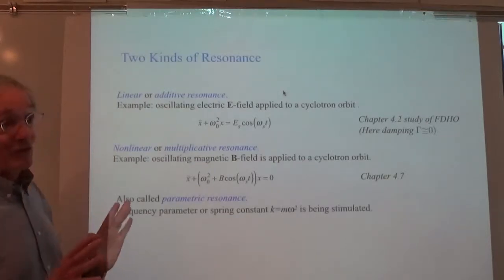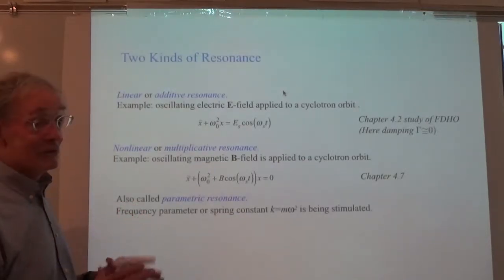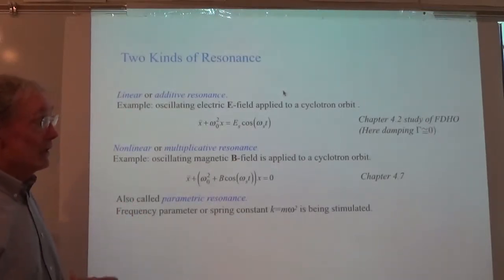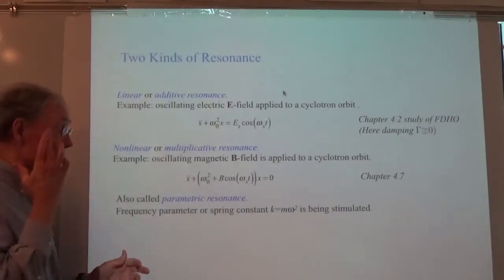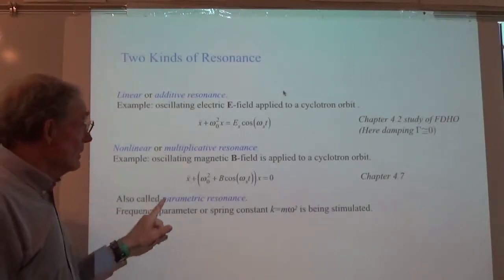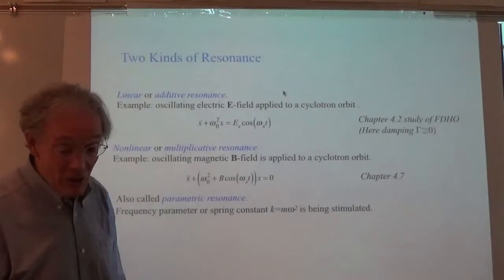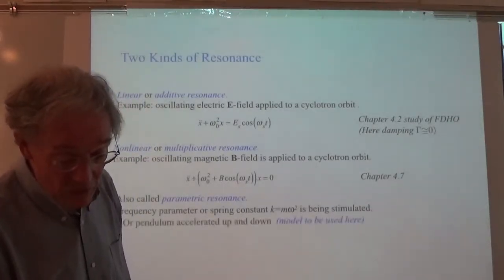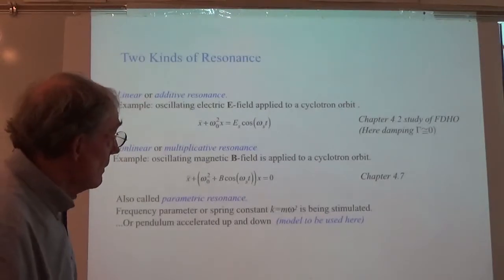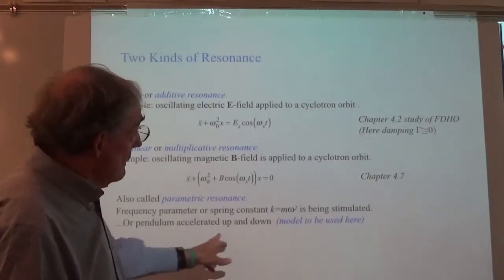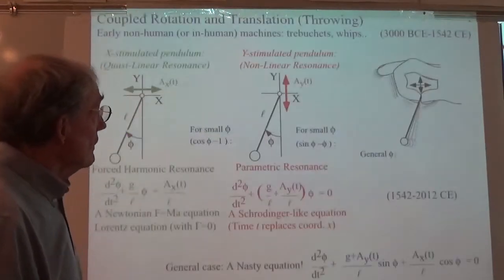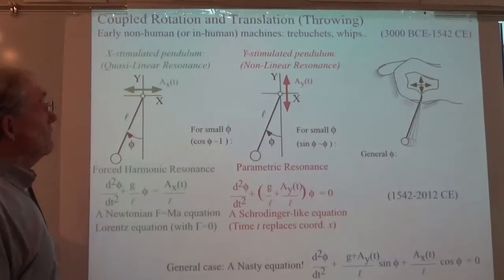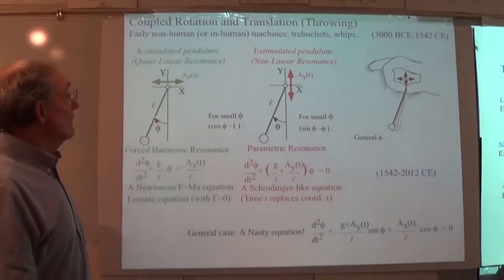It deserves more than just the few minutes we're going to do today, as you can see as we go into it. But it is, I think, one of the more important parts of the whole theory of resonance, certainly quantum resonance. So we're going to make the analogy of this with a pendulum that's being stimulated, okay?